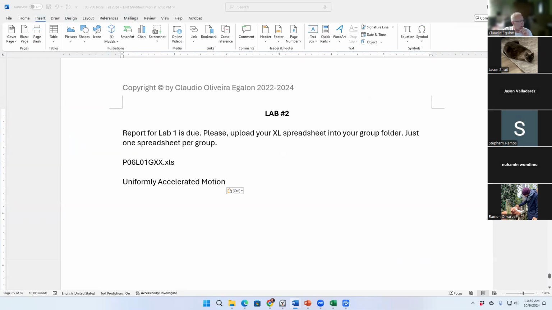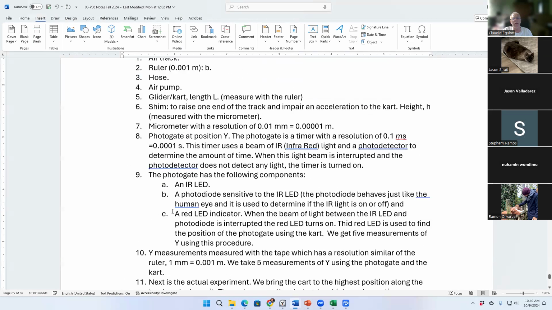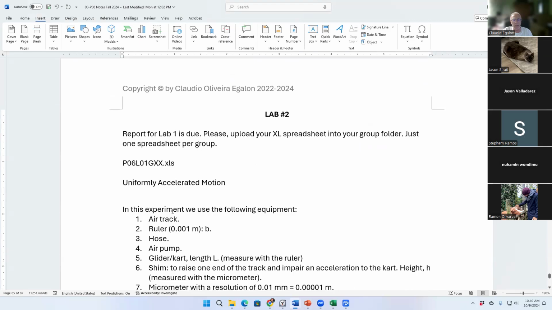Okay. In this experiment, we use the following equipment. By the way, this air track is very similar to the hockey table that you have at an arcade.